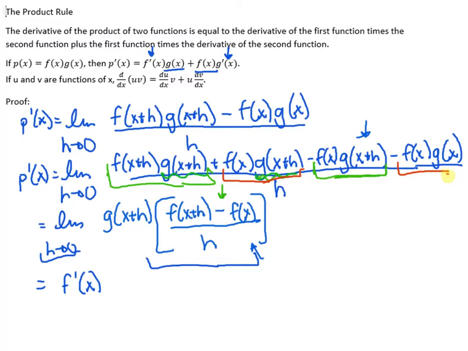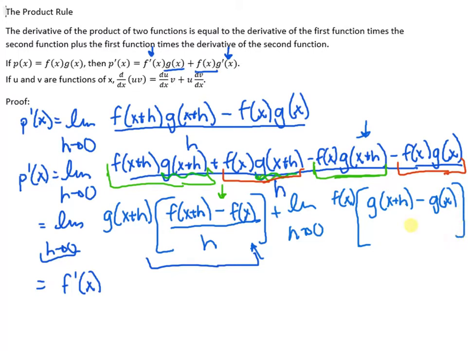Well, we can factor out just the f at x. So plus the limit as h approaches 0, factor out f at x. We're left in this bracket with g at x plus h minus g at x, all over h.